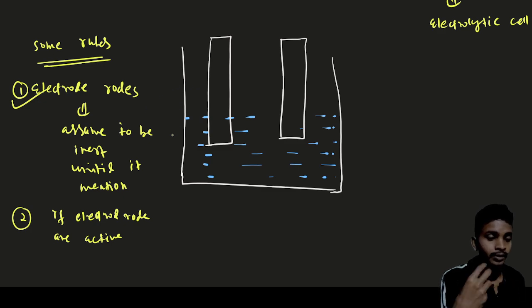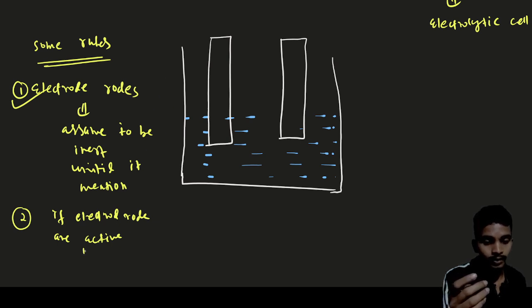So you assume that electrode rods are inert, so that whatever electrolyte is present, accordingly we can do the reactions. But if the electrode rod itself is active, then in the reactions the electrode rod itself does the reactions, and nothing else will happen. That's why you assume that electrode rods are inert if not mentioned.